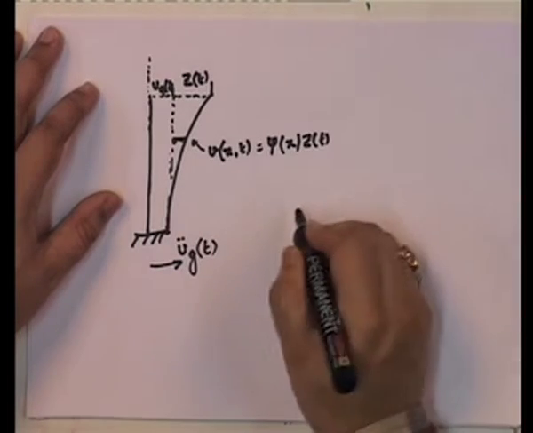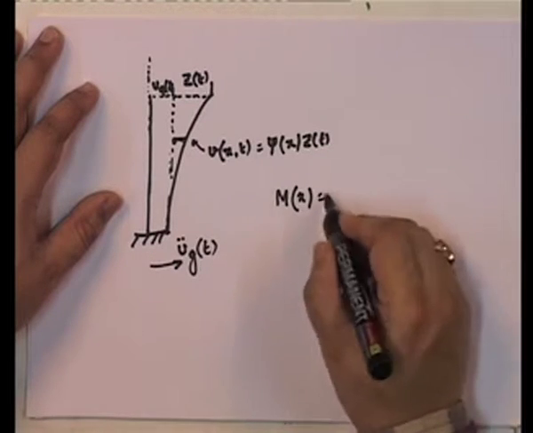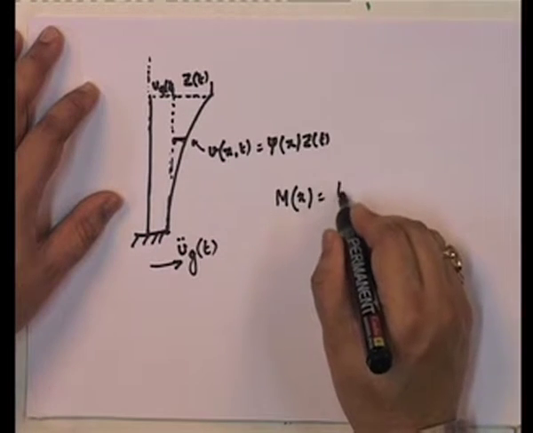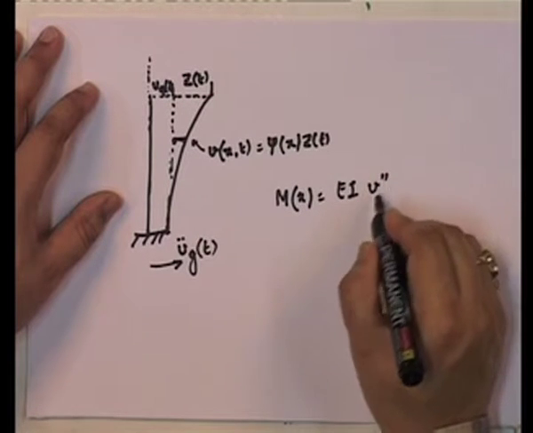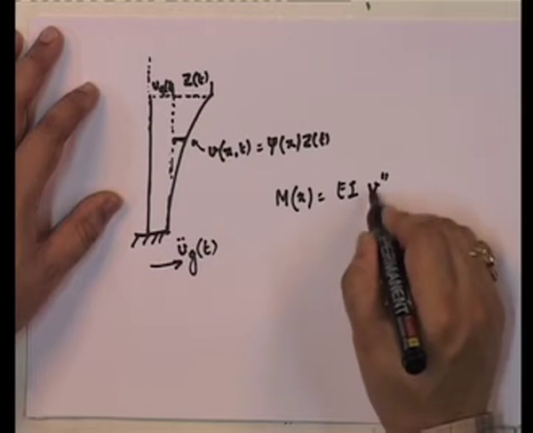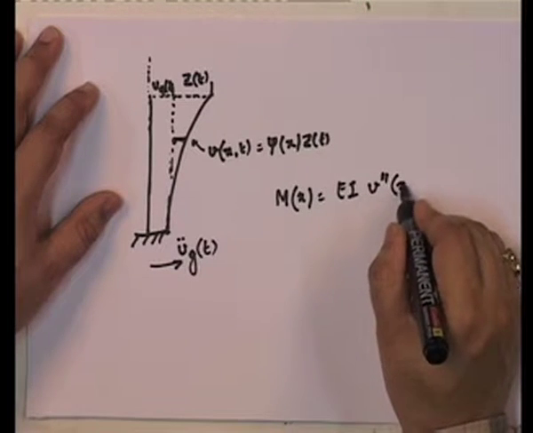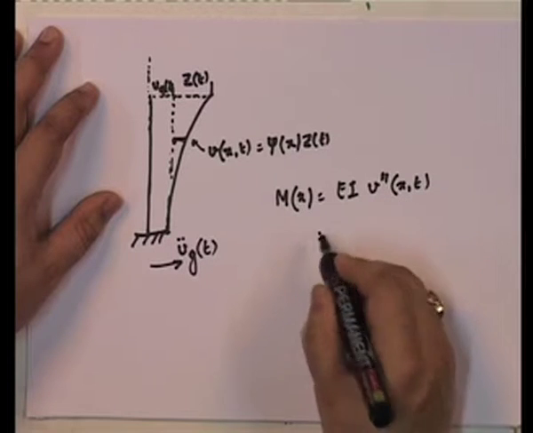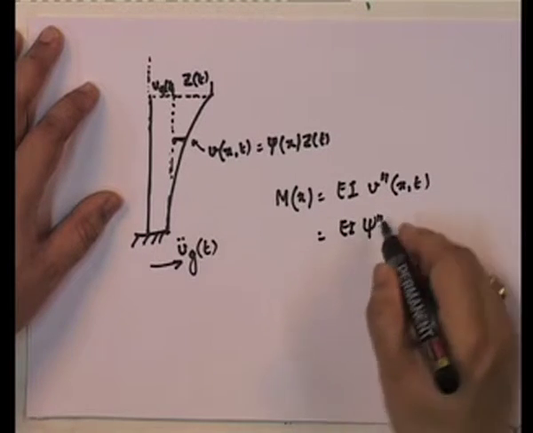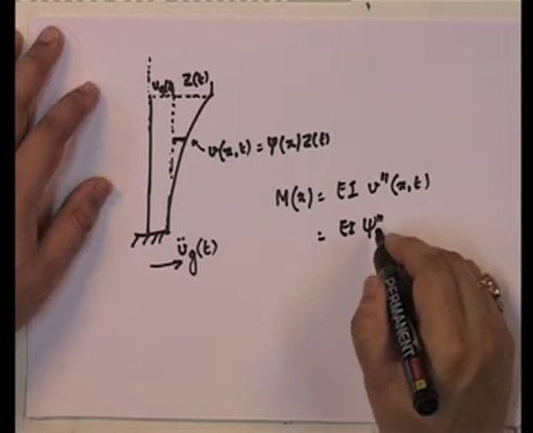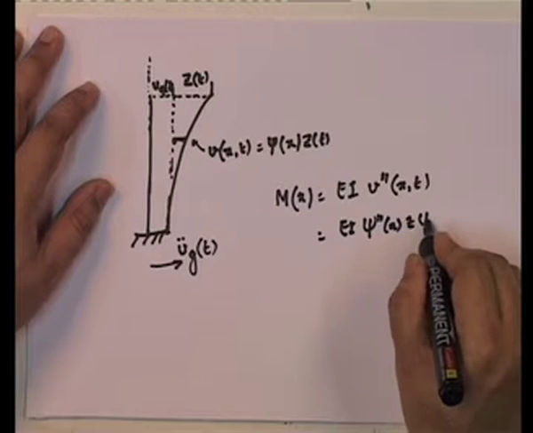Therefore, the m x due to the deformation is equal to E I v double prime, which is d squared v by dx squared, we call it v x double prime. So, this is equal to E I into the second derivative of xi x into z of t.